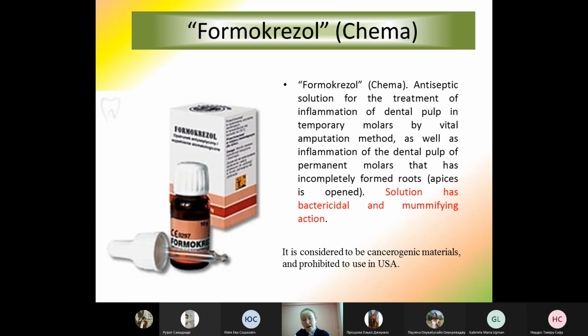It can mummify pulp tissue due to the presence of formocresol in its combination. But formocresol as an active substance is considered to be carcinogenic, and it is recommended to avoid usage of this material. Nowadays it is prohibited to use in the USA due to this carcinogenic action on the organism.